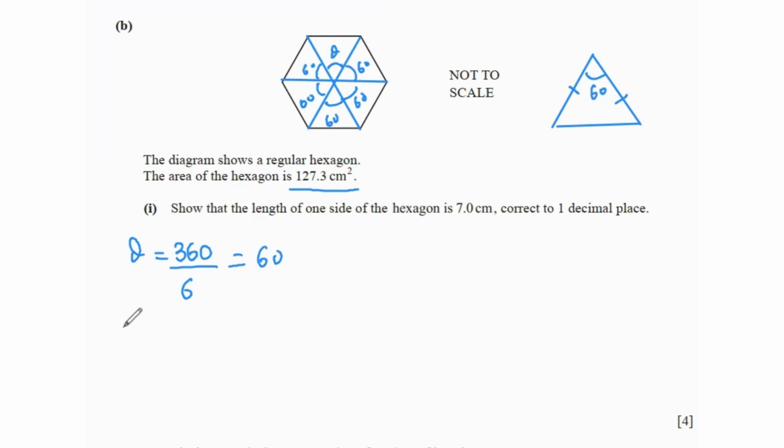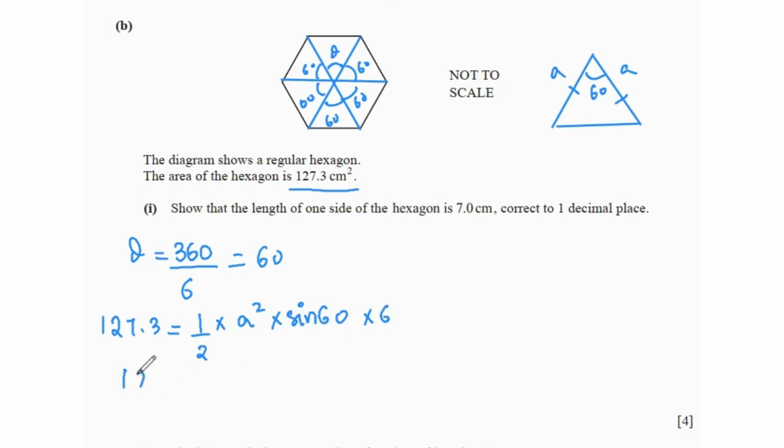So I can use the area of a triangle formula, 1 over 2 ab sine C. 127.3 equals 1 over 2 times, let's call this a squared, times sine of 60. I'm going to multiply this entire thing by 6 because there are 6 triangles. And since the area of the hexagon is 127.3, we have to multiply the triangle area by 6.